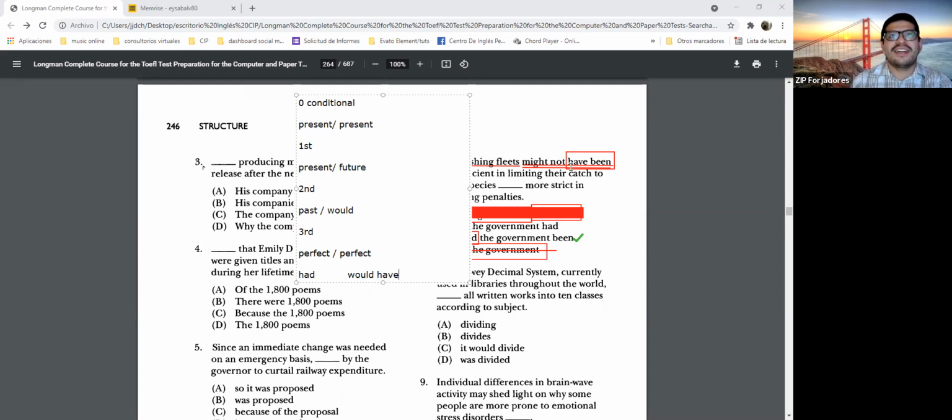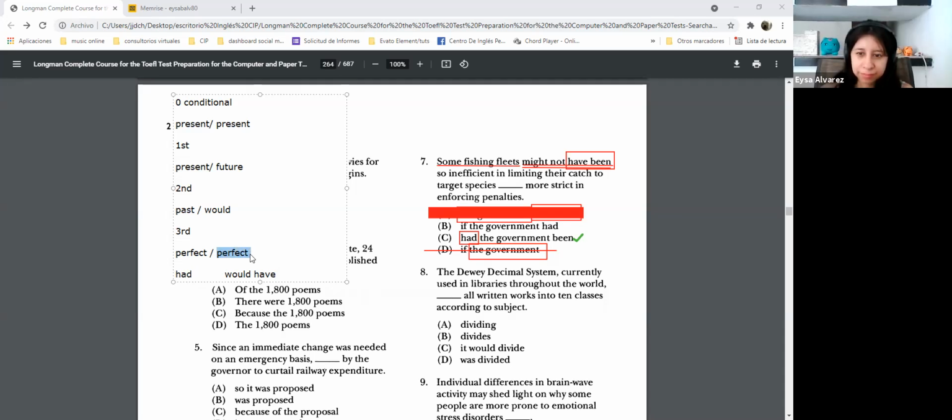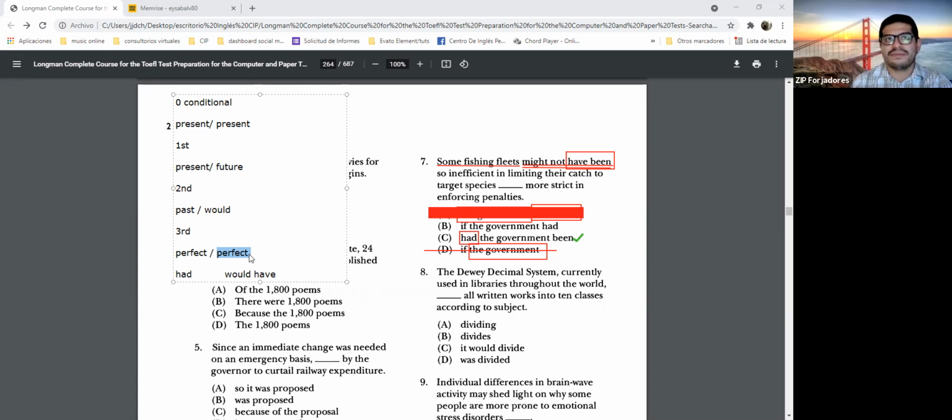So I have here "have been," so that means that this tense is perfect, "might not have been." So this is the result. Instead of would, they said might, but the thing that I want to say is that it's a perfect tense. So that means that it's a third conditional.